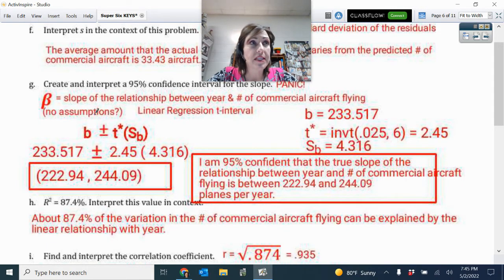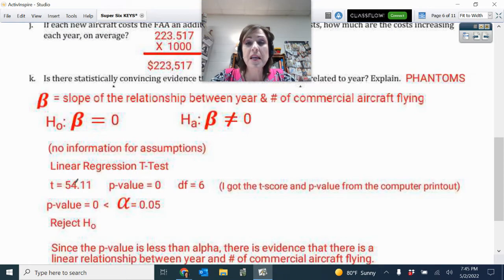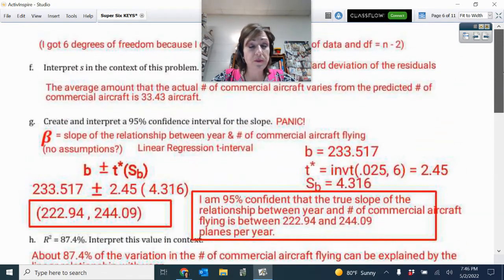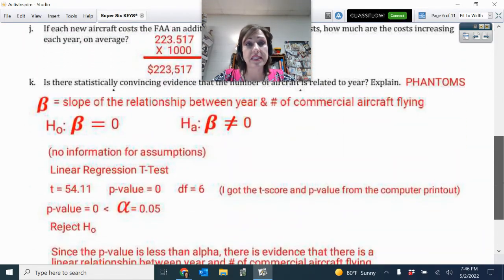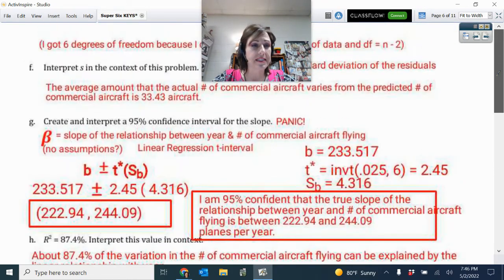Honestly, the answer key that I got from another teacher who had written these extension problems didn't do a complete interval. And later on down, you were supposed to do a complete test when it asks if there's statistical evidence of something. So just keep in mind that whenever it asks for an interval, you should do a PANIC, and when it asks for statistical evidence, you should do a PHANTOMS. You should run a statistical test.